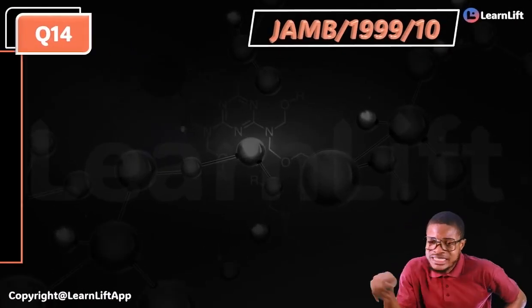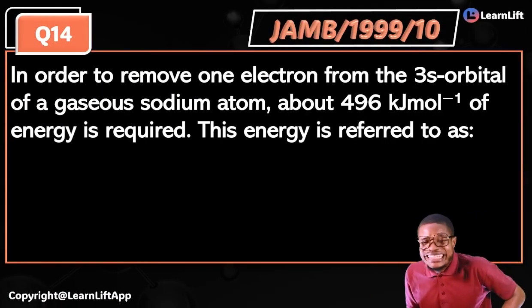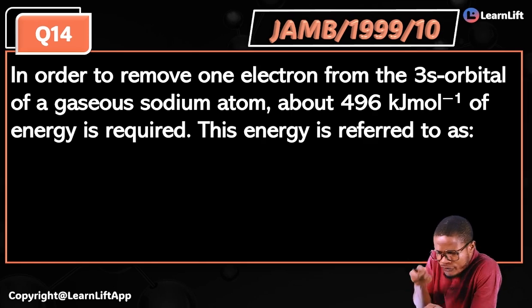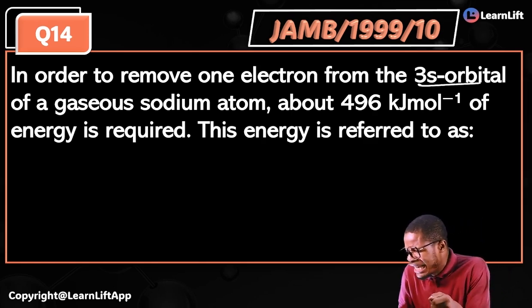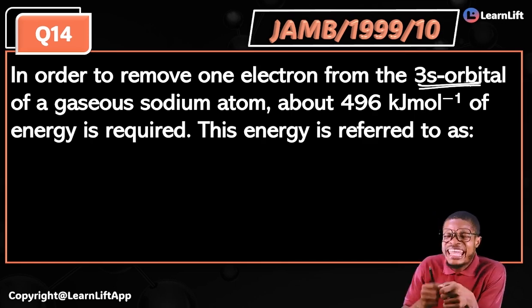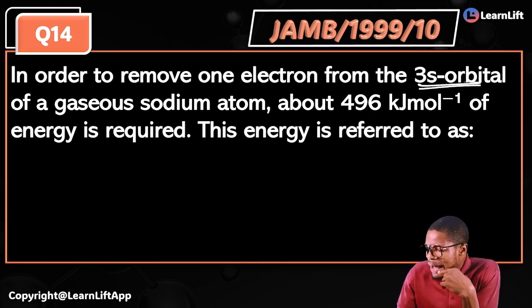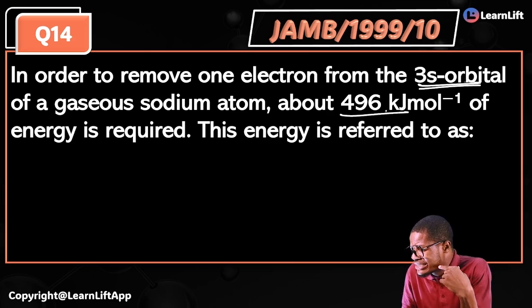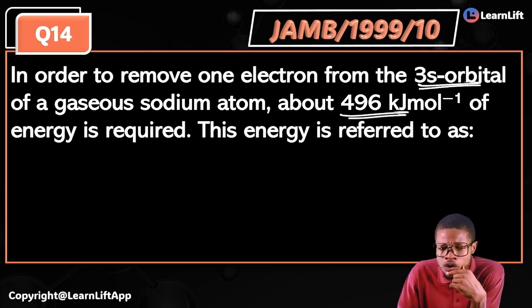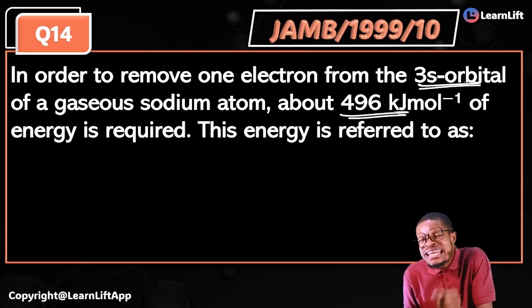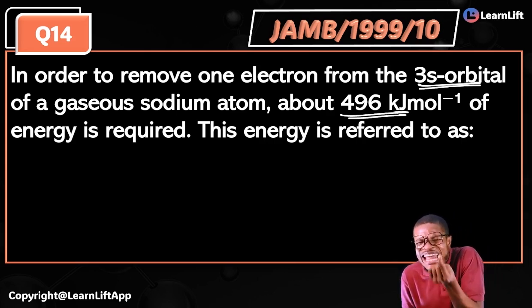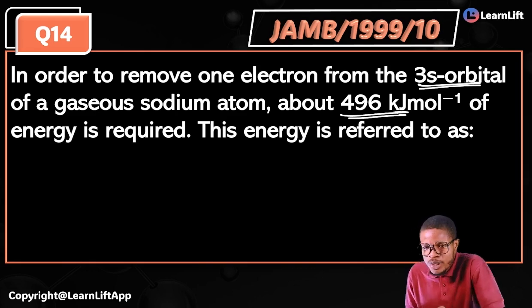JAMB 1999, question 10. The question says, in order to remove an electron from the 3s orbital of a gaseous sodium atom, about 496 kilojoules per mole of energy is required. That energy that is required to remove an electron from sodium, what do we call that energy?